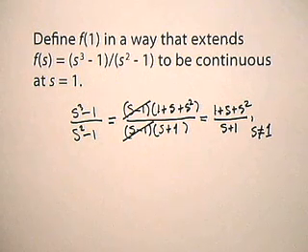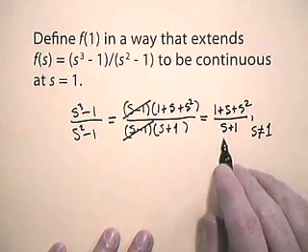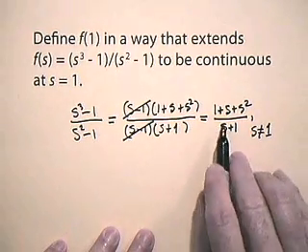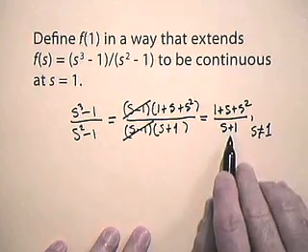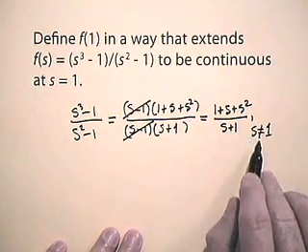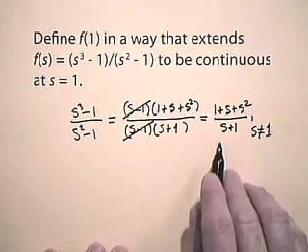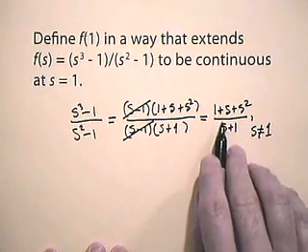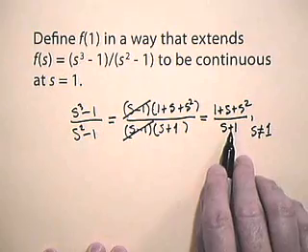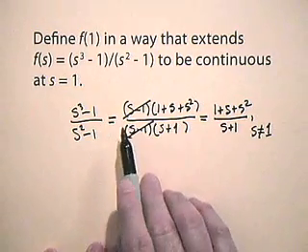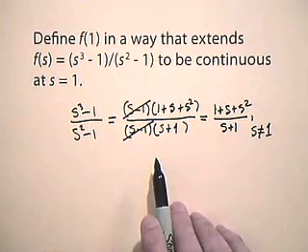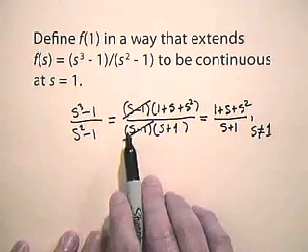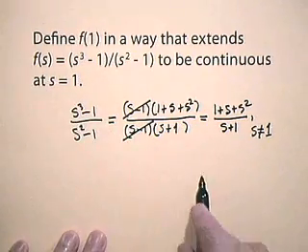So consequently, we now have a function which is defined on a domain which contains the point s equals 1. That is, this expression right here is continuous on its domain, and its domain contains s equals 1. And so all I have to do is look and see what its value is at s equals 1, and that gives me the limit of this expression as s approaches 1, and tells me how to define f at s equals 1.